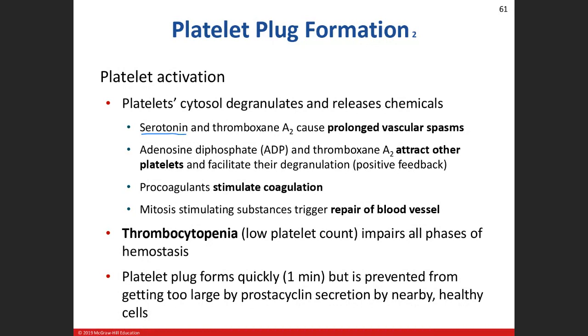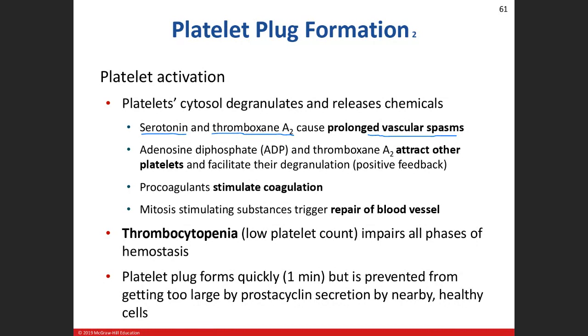And thromboxane A2, that's another eicosanoid. These two chemicals, again, positive feedback, are going to prolong our vascular spasms, that vasoconstriction.